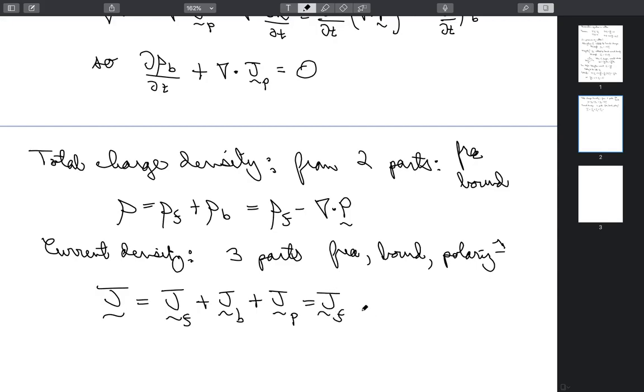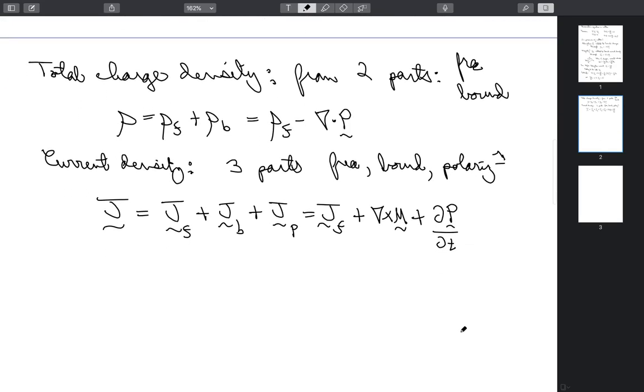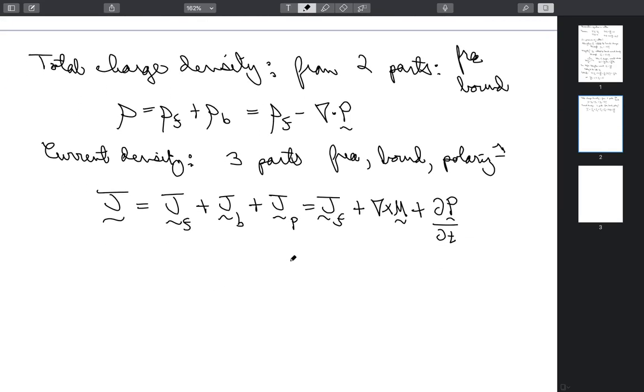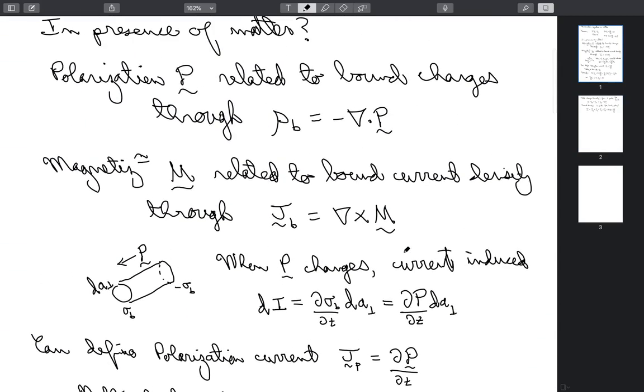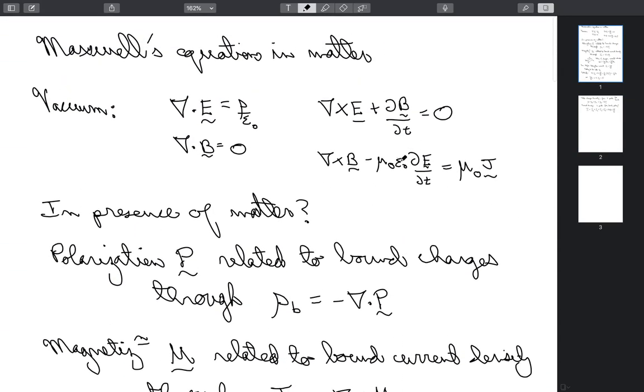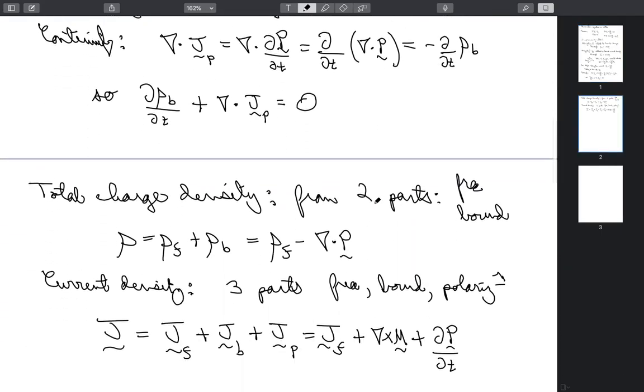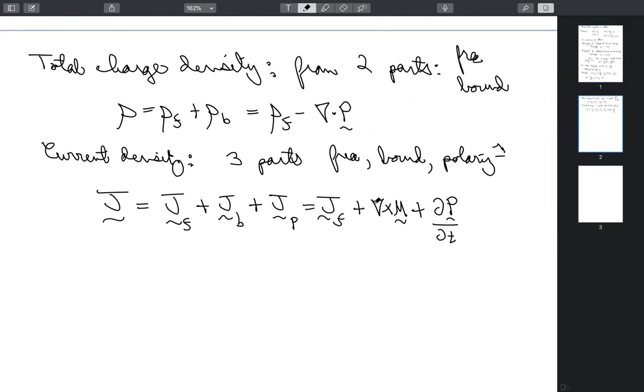So there's the J free, and now there's the curl of M, and there's the time change of the polarization. Now we can just use these expressions and plug them back into our Maxwell equations and rewrite them in a more handy way for use in settings in which I've got matter involved in the calculations.